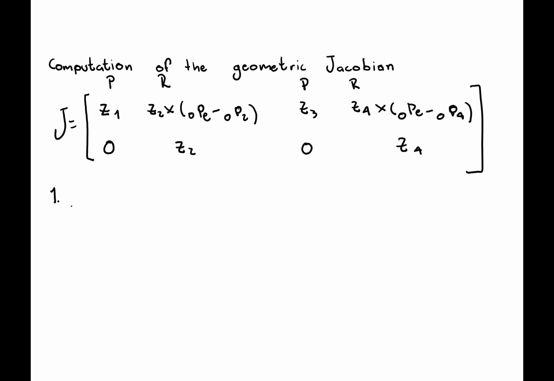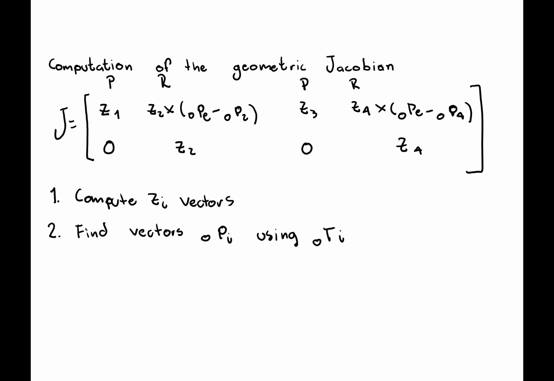One, we first compute the z_i vectors, then we find the position vectors using our global homogeneous transformation matrix. That's why we went through all of that trouble of doing all of them at the same time.